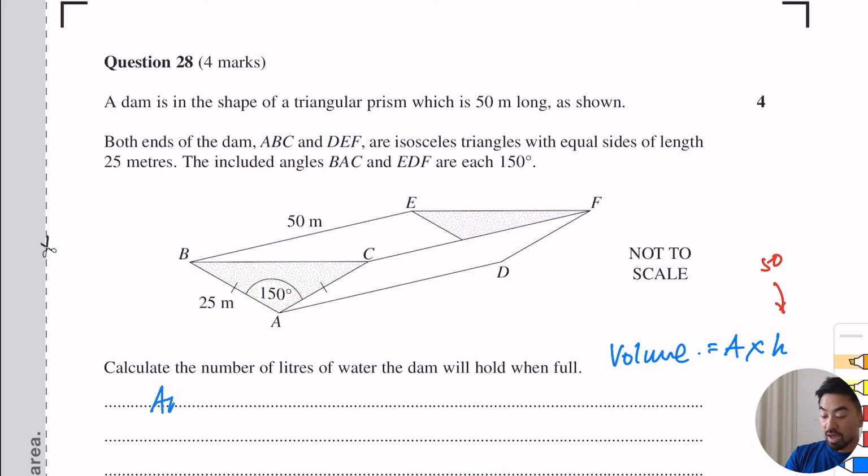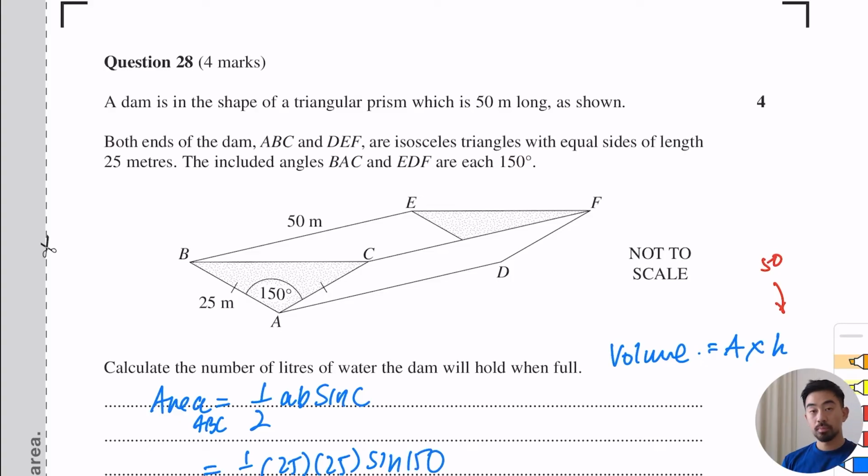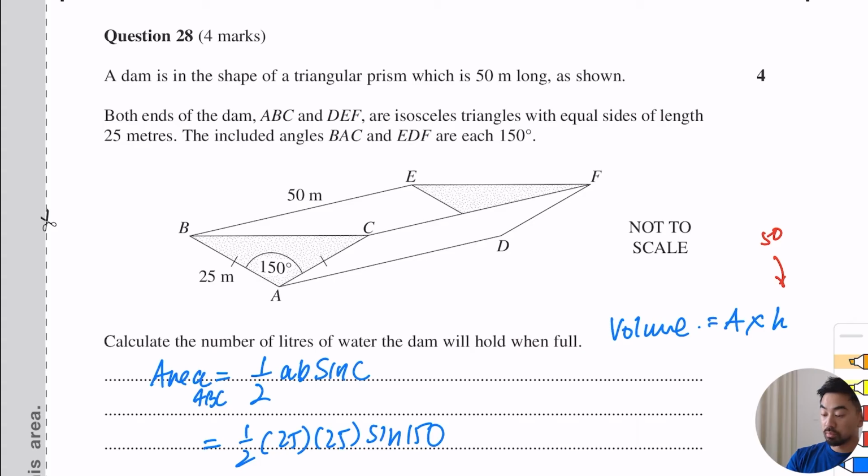So the area of that is obviously a non-right angle triangle. So half ab sine C. So area of ABC will be 1/2 times 25 times 25 times sine 150. That gives me the area. Now to find the volume, I just want to multiply that by 50.